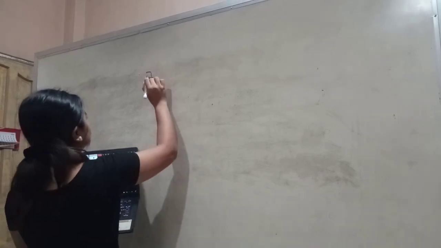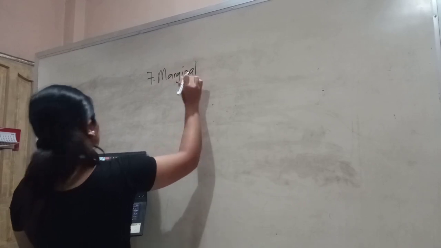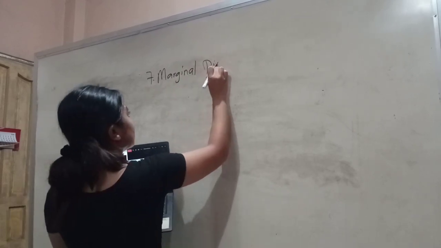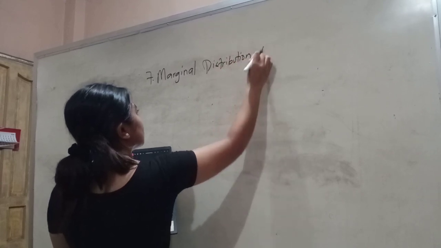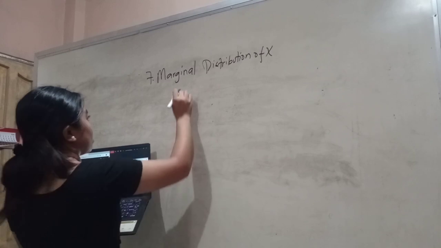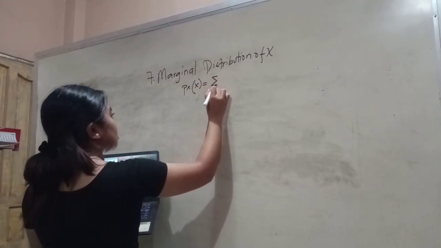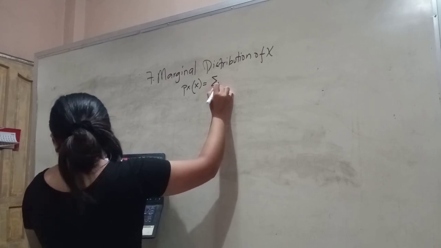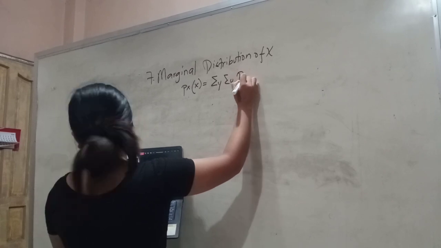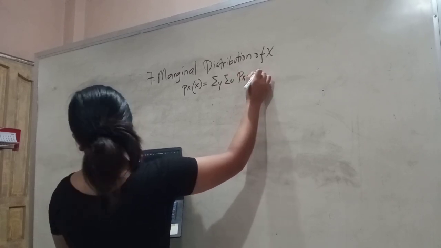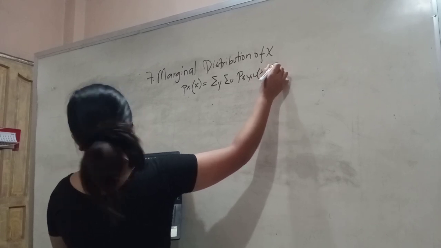Number 7 is the marginal distribution of x. So p(x) is equal to the sum over y and the sum over z of p(x, y, z).